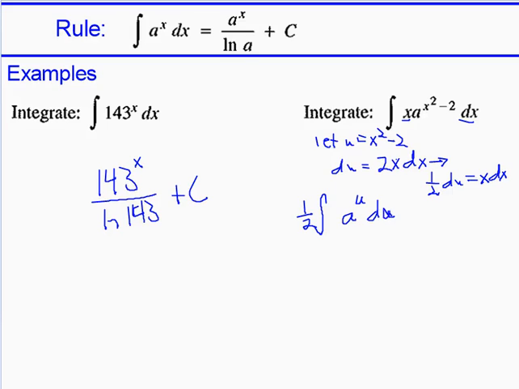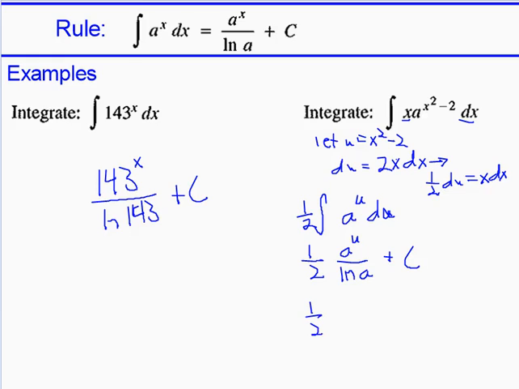Our U-Substitution, now we can integrate. Well, this is the integral of an exponential function. So we have 1/2 still, and then a to the u over the natural log of a plus c. But now we can put our substitution back in.